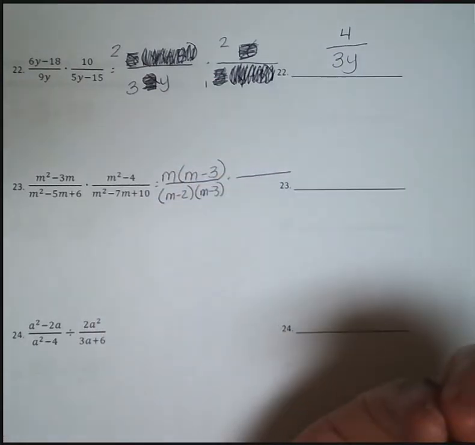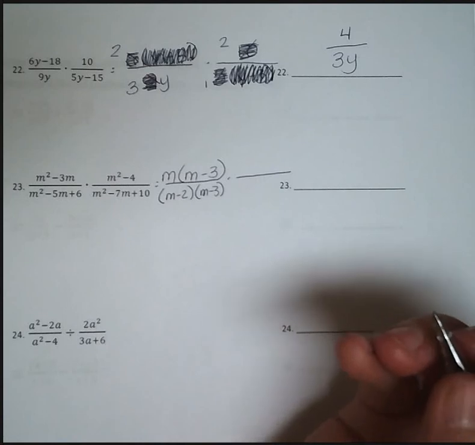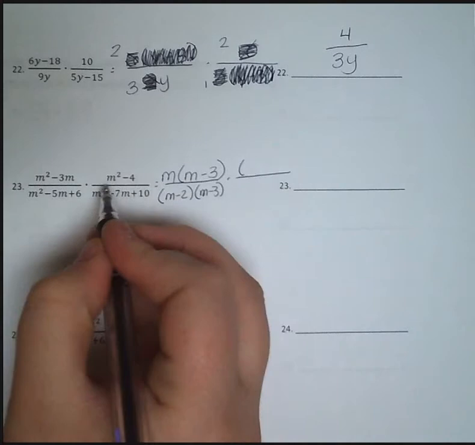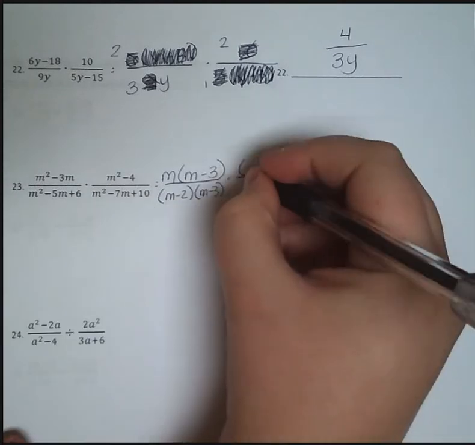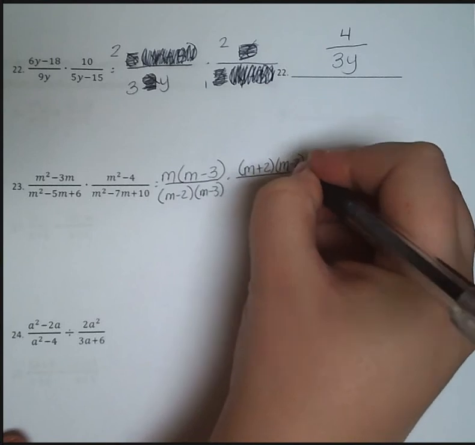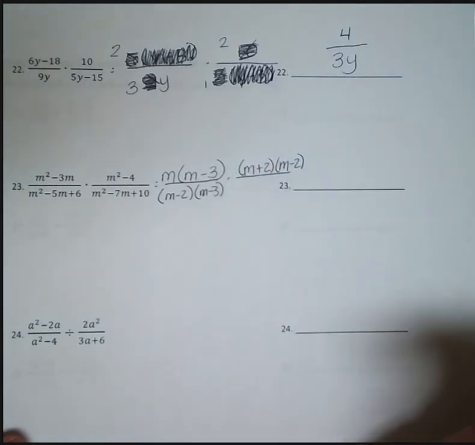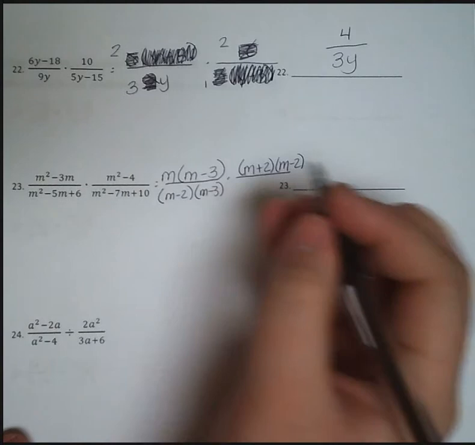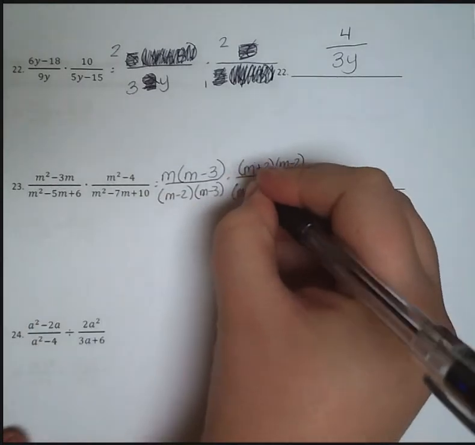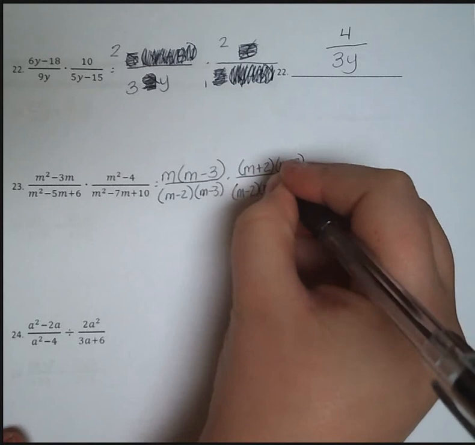If you did not get m minus 2 and m minus 3, you did something wrong, so make sure you check yourself. M squared minus 4 factors to be an m plus 2, m minus 2. And then when you factor this trinomial, you get m minus 2, m minus 5.